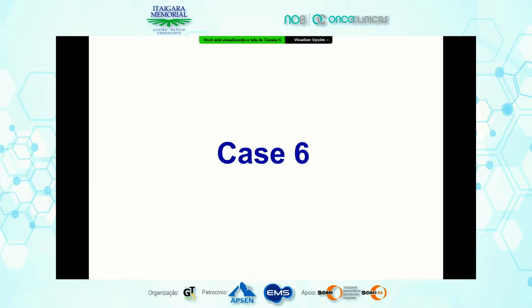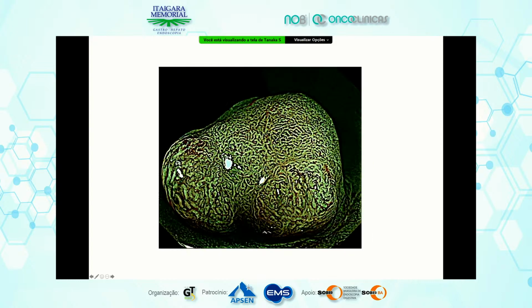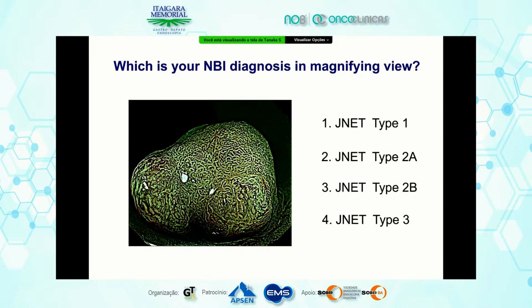Case 6. This is a polypoid lesion, 1.5 millimeter in diameter. This is NBI magnifying view. Please vote. Type 2A or 2B or type 3.